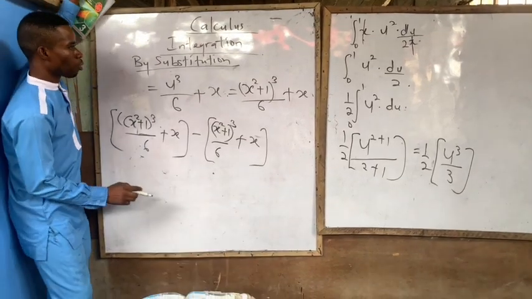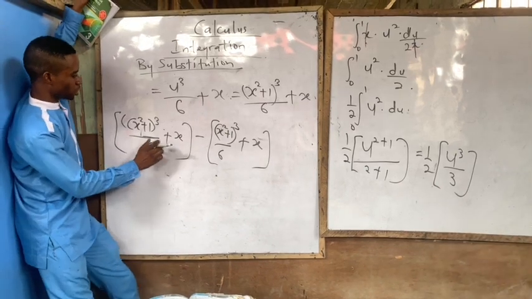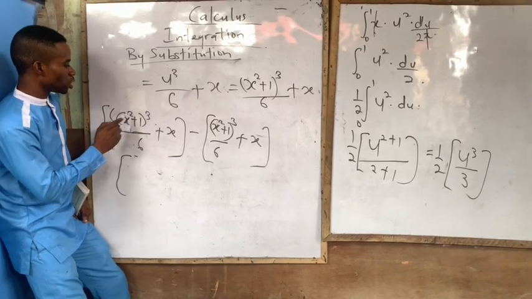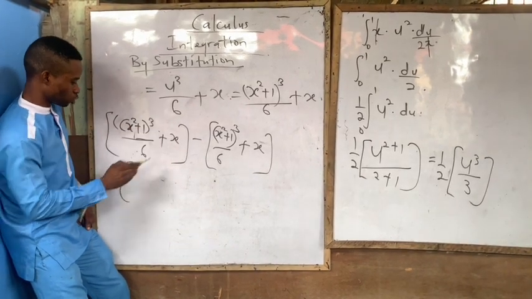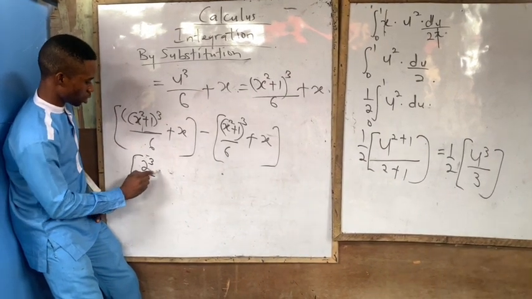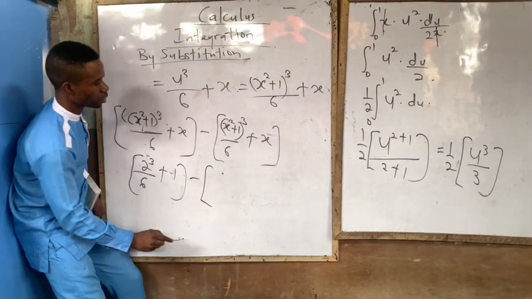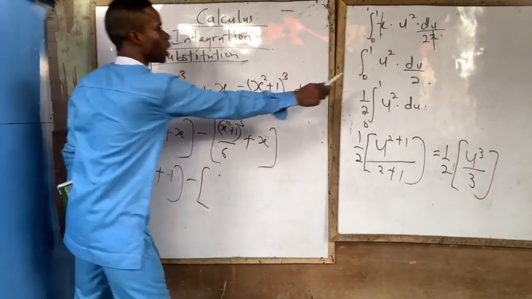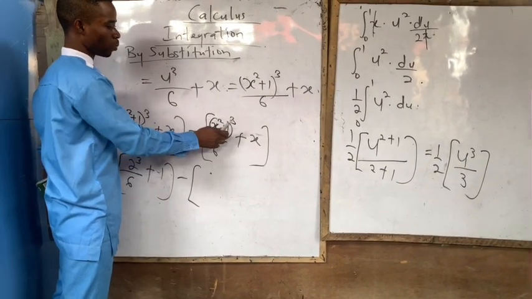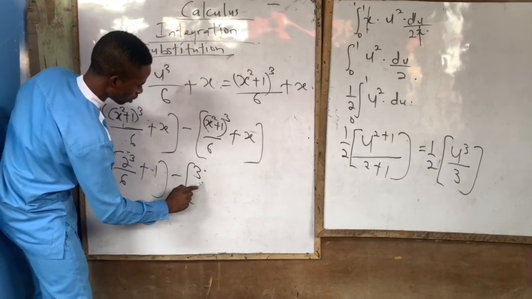Now when I have the upper limit of 1, I'll substitute it everywhere I see x. I see x here, that is 1. That means 1 raised to power 2 is 1, and 1 plus 1 is 2. 2 raised to power 3 all over 6, minus, for the lower limit 0, I'll substitute 0 here. 0 raised to power 2 is 0, 0 plus 1 is 1, 1 raised to power 3 is 1, all over 6.